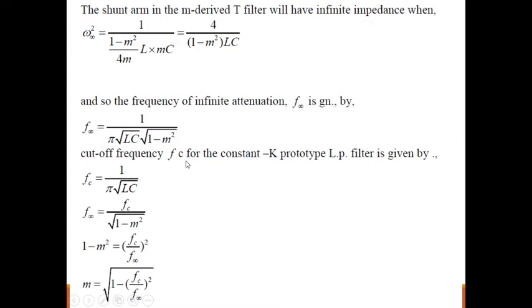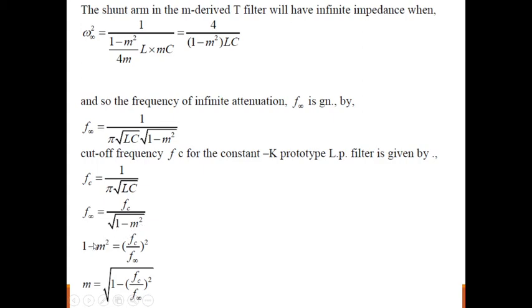The cutoff frequency fc for the constant k prototype we obtained like this: fc should be equal to 1 divided by pi into square root of LC. For the infinite attenuation frequency, it means fc divided by square root of 1 minus M square.